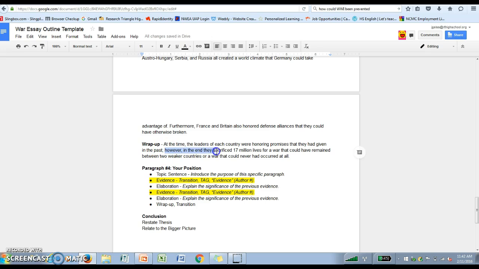However, in the end, they sacrificed 17 million lives for a war that could have been prevented. This idea right here of the sacrifice of lives not being worth the outcome, what was gained from the war, that will be what's covered in the your position paragraph. So it's setting up the next paragraph. So again, we have flow through the entire essay.